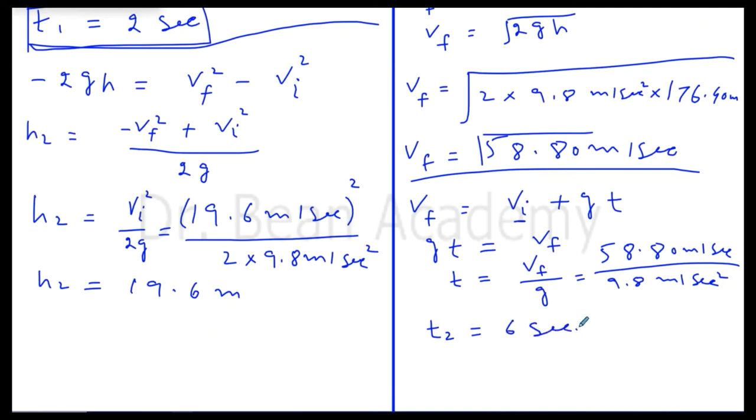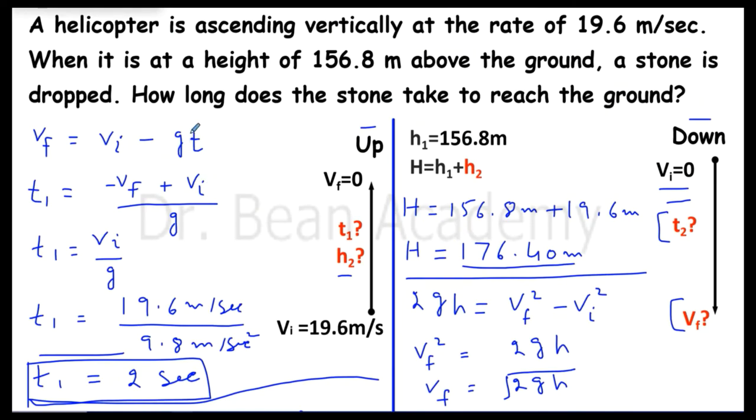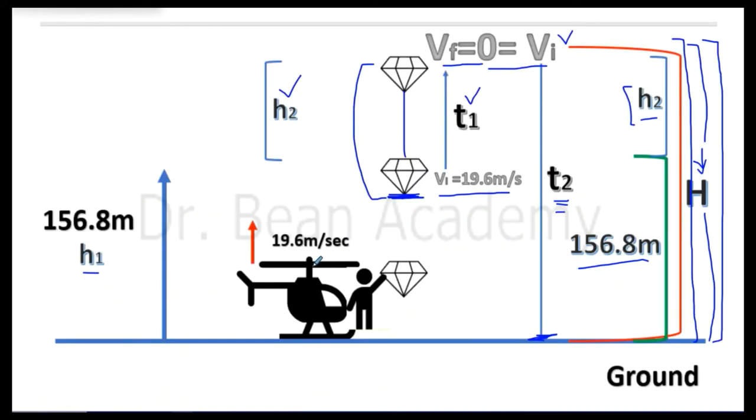Okay, so in the question they asked us, let me read the statement. How long does the stone take to reach the ground? It means the total time of the stone from where it was left at this point until it hits the ground. So we needed to calculate the total time it will take for the stone to hit the ground from this point, which was the sum of t1 and t2.